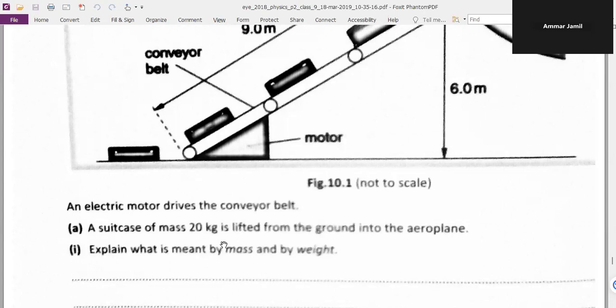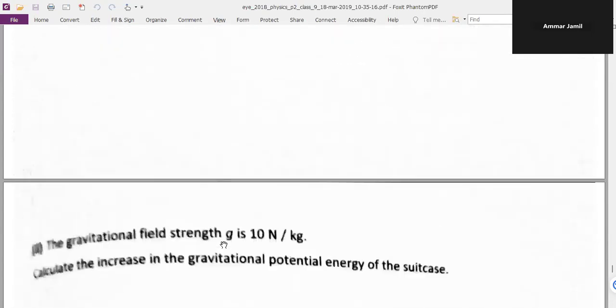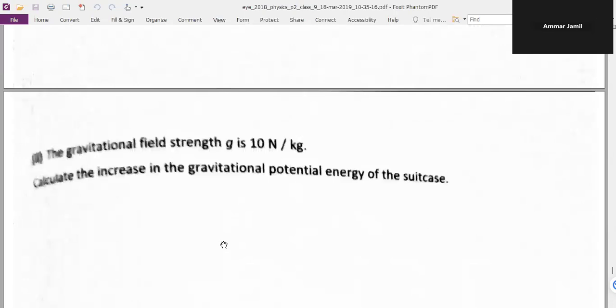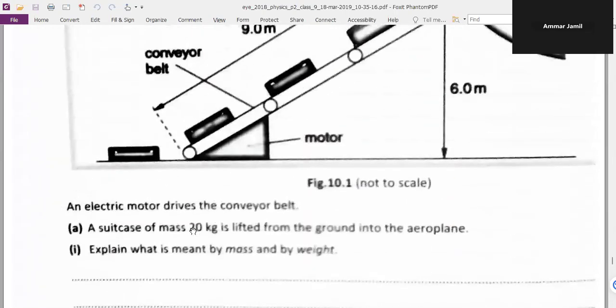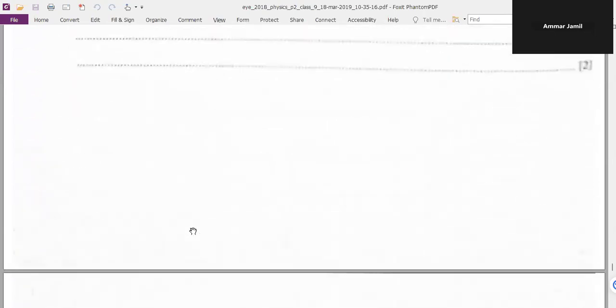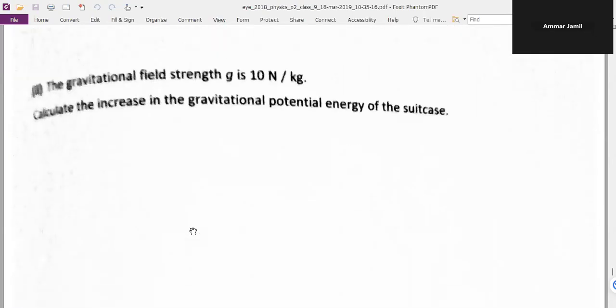The suitcase mass is 20 kg, so we will use this data, and the increase in gravitational potential energy will be used. The formula is mgh: mass given, gravity acceleration given, h height given. You will be using the height 6 meters, and you will calculate the potential energy.